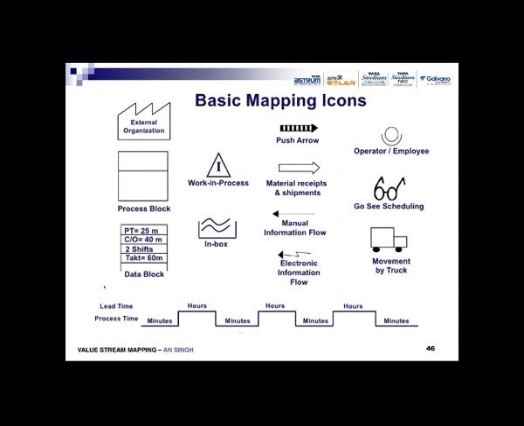The movement, how the material is moved, either by truck or maybe by ship or aeroplane, whatever the method, this is a truck symbol. And finally, the timeline in minutes, hours is put in a typical type of line in this particular manner.